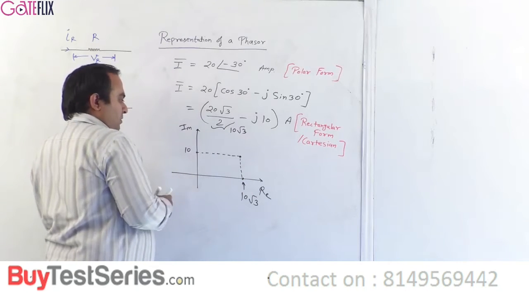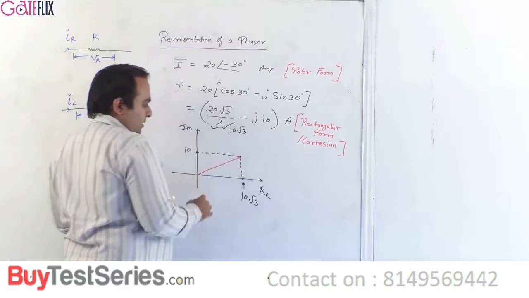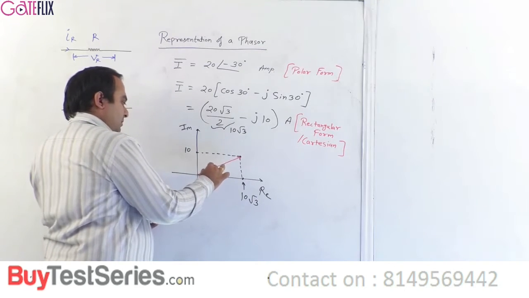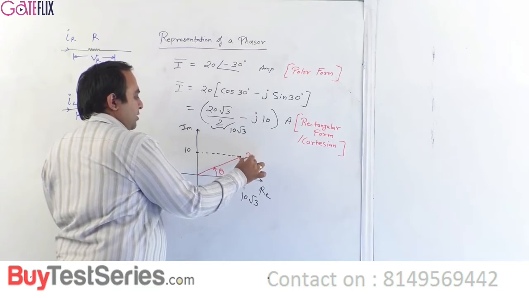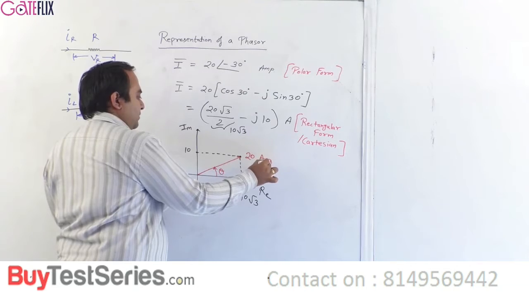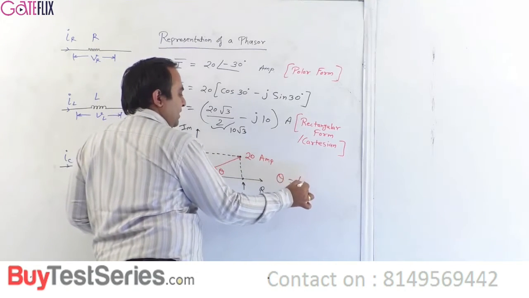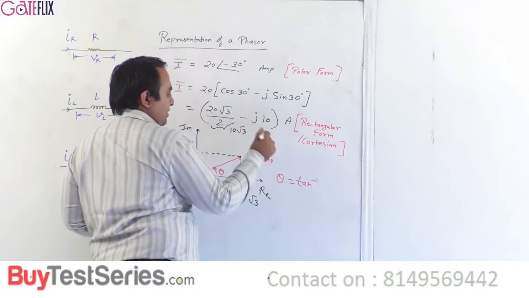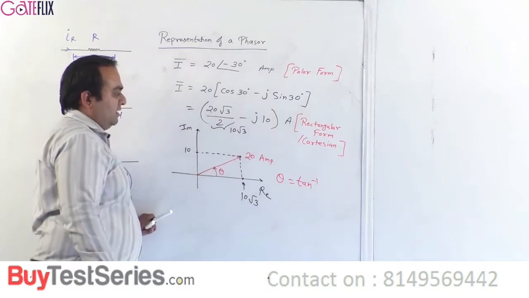So when you see this, this angle is theta and this magnitude is 20 ampere. Right, whereas this theta is tan inverse of the imaginary part upon the real part.